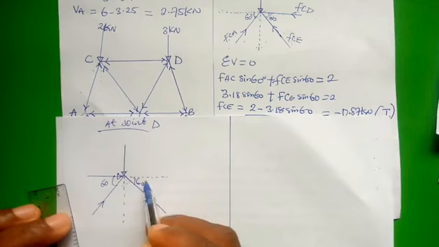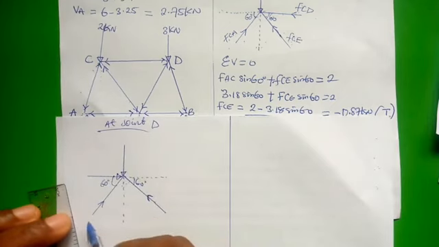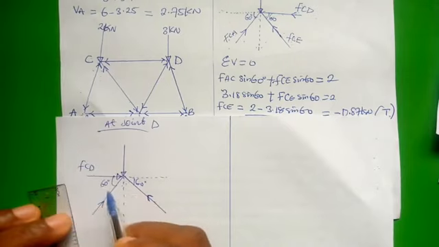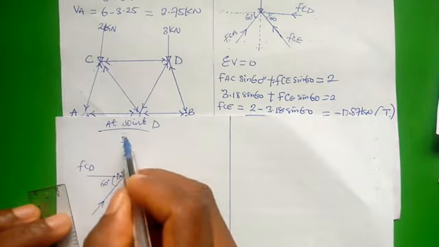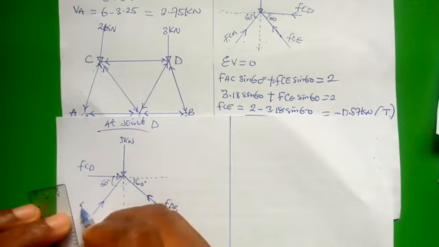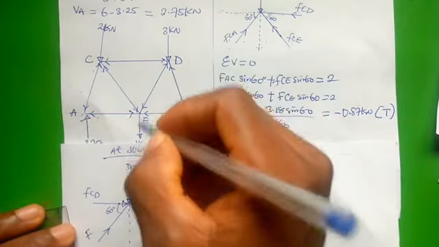This is 60 also, and this member is FCD or FDC, whichever way you prefer to call it. This is 3 kilonewton. This member is FDB or FBD, depending on how you wish to call it, and this is FDE.